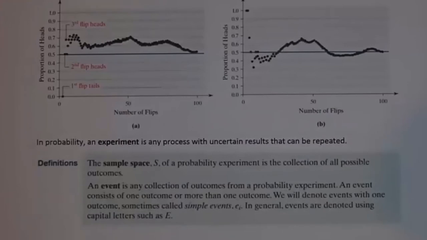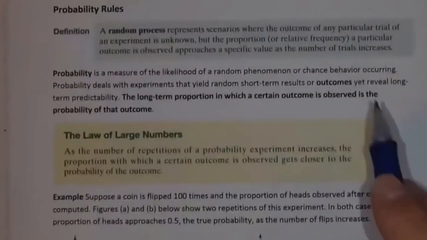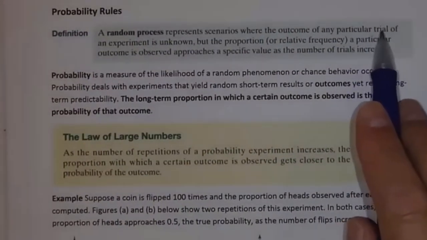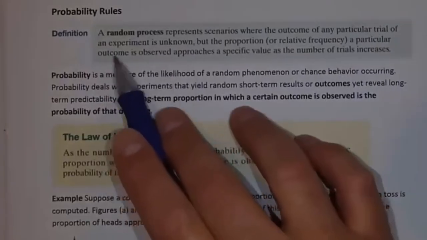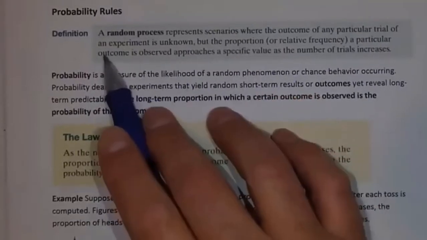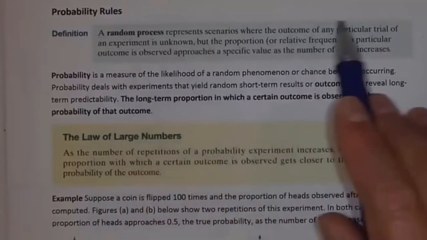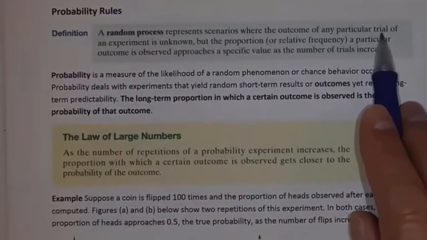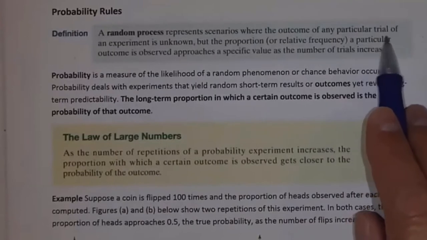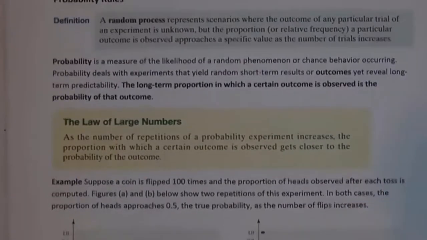Or my first roll of the dice, that's a trial. My second roll of the dice, that's a trial, and so on. So that's what this is talking about up here when it uses the word trial and experiment. We're talking about a process with an uncertain outcome, and we can repeat that process. And each repetition is a trial.